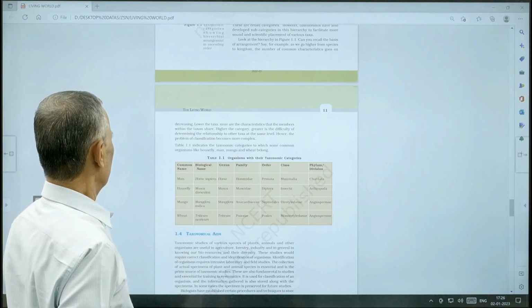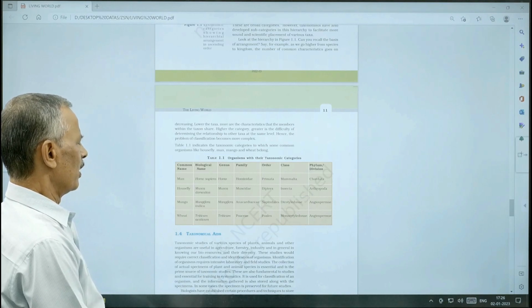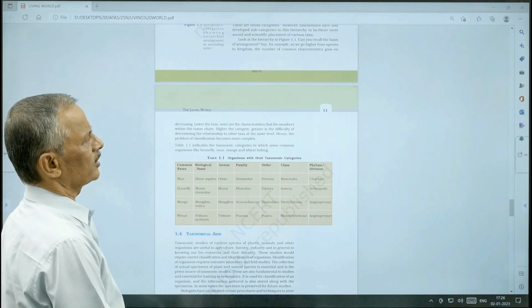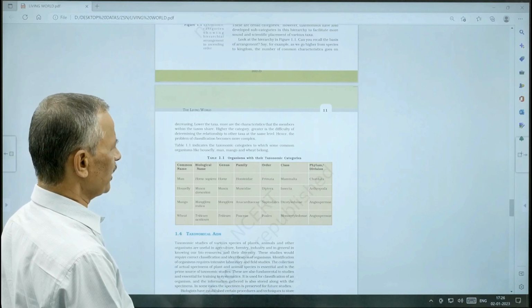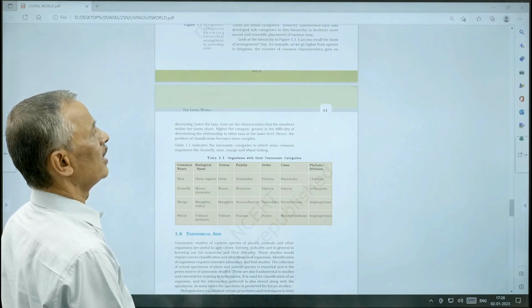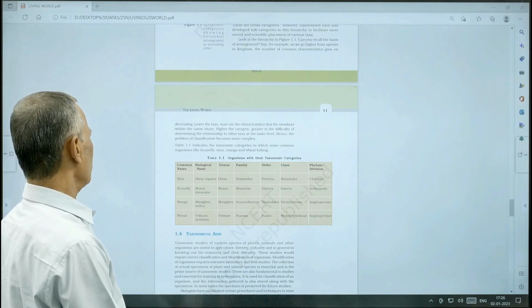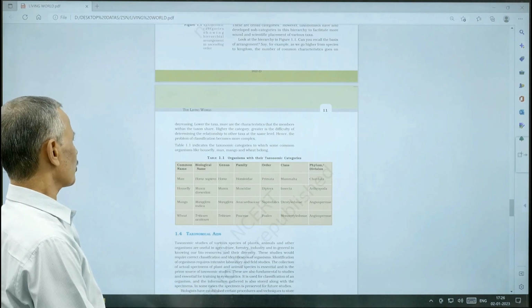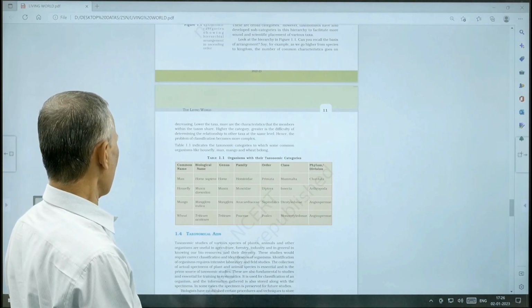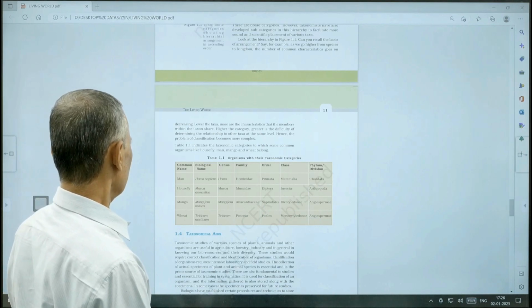Then, in making our classifications, taxonomists have developed so many techniques and procedures that make our study easier. All such things that help in studying taxonomy are called taxonomic aids.